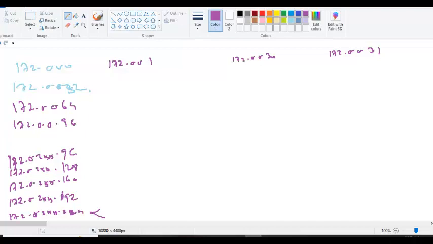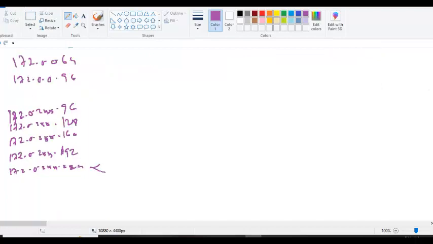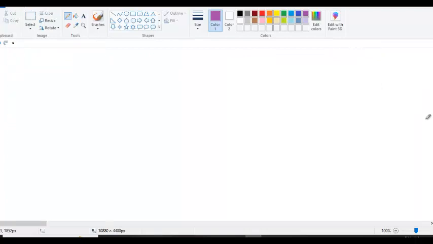Let us go to the new side, meaning the other way of subnetting. 10.0.0.0. So this is the network that you are supposed to use. And this time they did not give you how many departments, and they did not give you the number of bits borrowed for network.